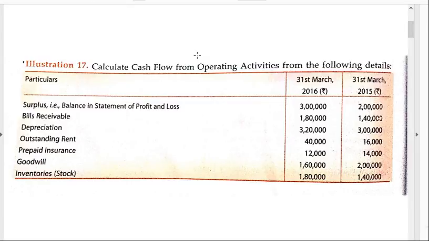Now the first step is calculation of net profit before taxes and extraordinary items. For that we have surplus. So how much surplus is earned during the year, we have to see that. Let's start step by step.